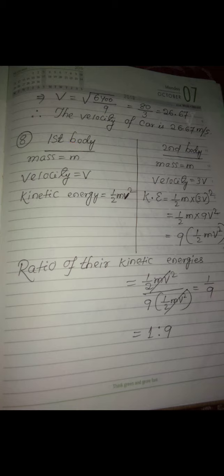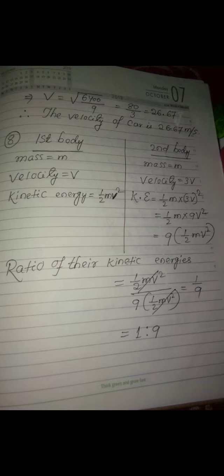In the first body, mass equals m, velocity equals v. So kinetic energy equals 1 by 2 mv square. Second body, mass equals m, velocity equals 3v. Now kinetic energy equals 1 by 2 m into 3v whole square.